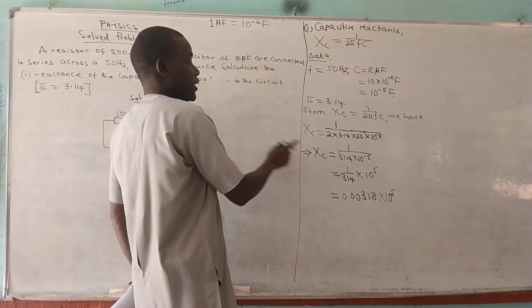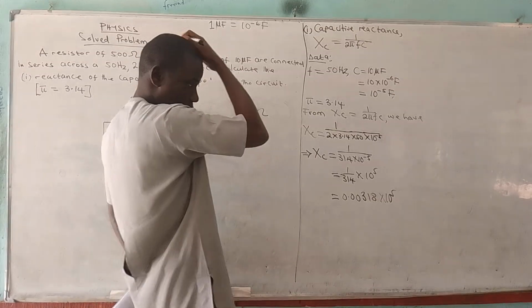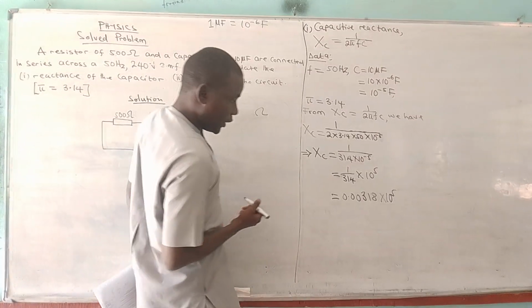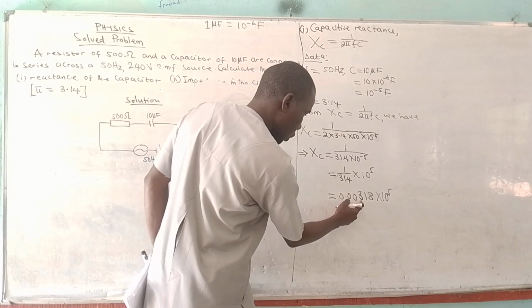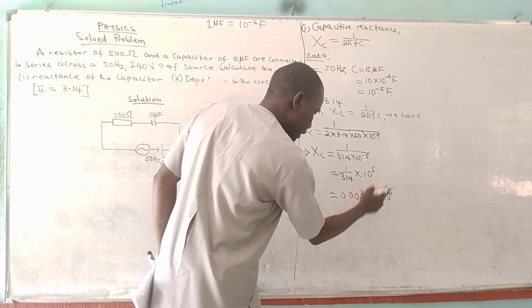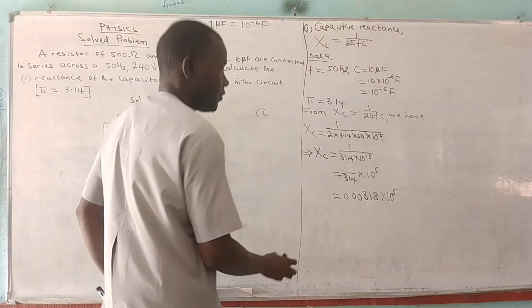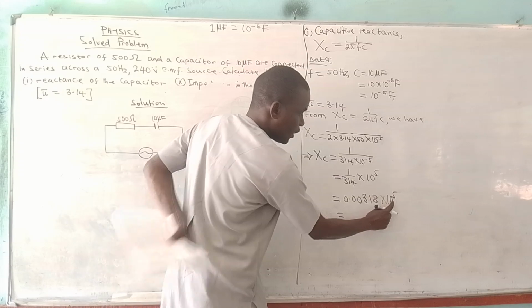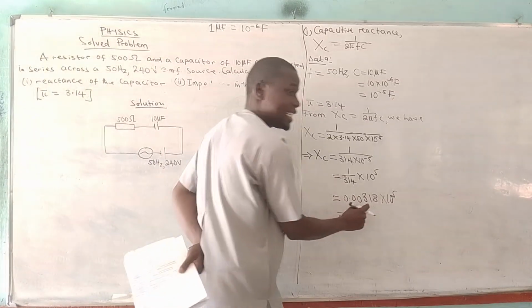Don't forget the unit of Xc is still ohms, because it is also opposition, resistance. So what do we have now? 0.00318 times 10 to the power 5. And then the point will move in how many places? 1000, it moves in 3 places.